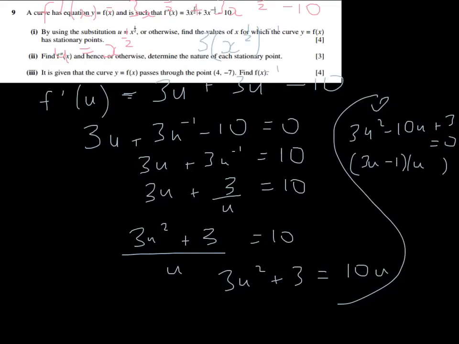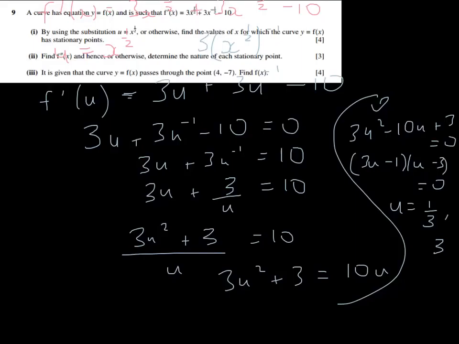That's going to be a -1 there and a -3 there. So my two solutions are u equals 1/3 or u equals 3. They're pretty similar methods, whether you use substitution or not. So now I've got u equals 1/3 and 3.